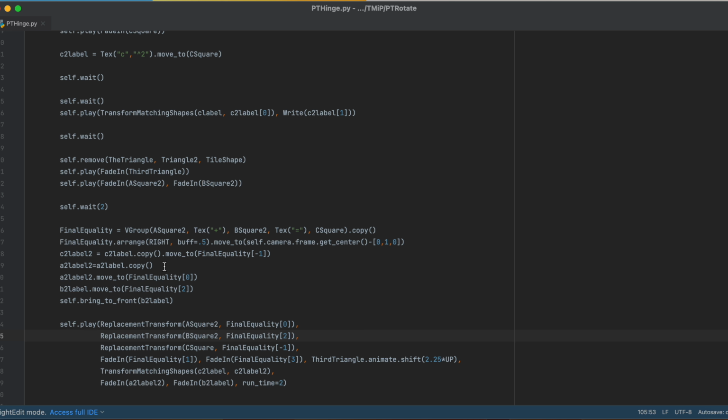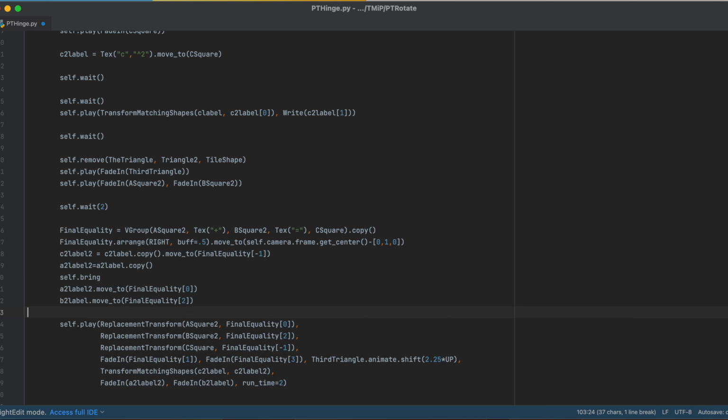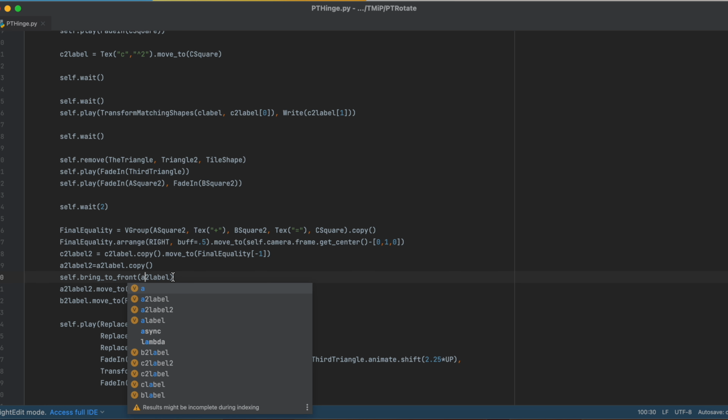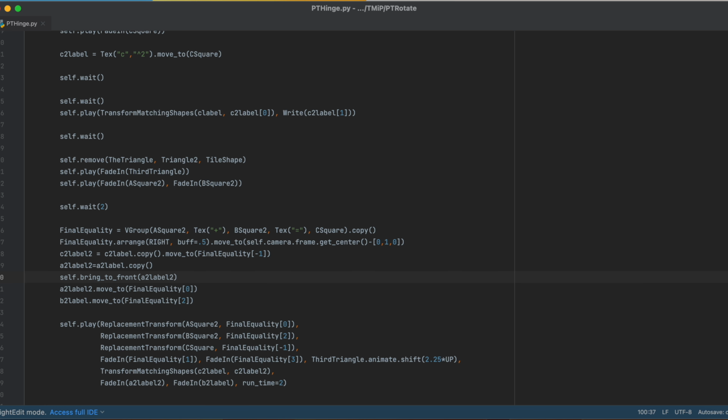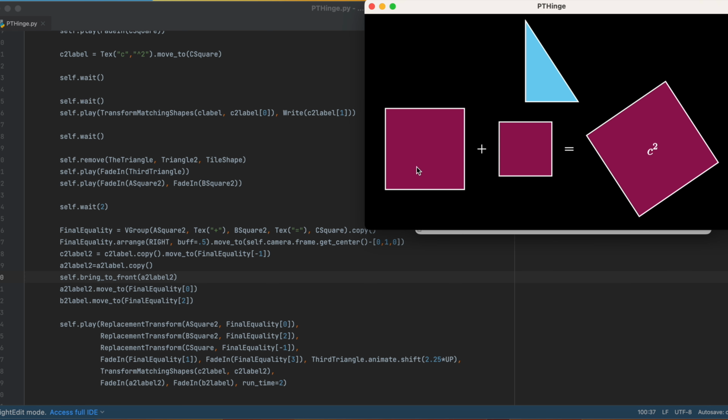I'll try this again. Try and bring it to the front. A2 label 2. Still not there.